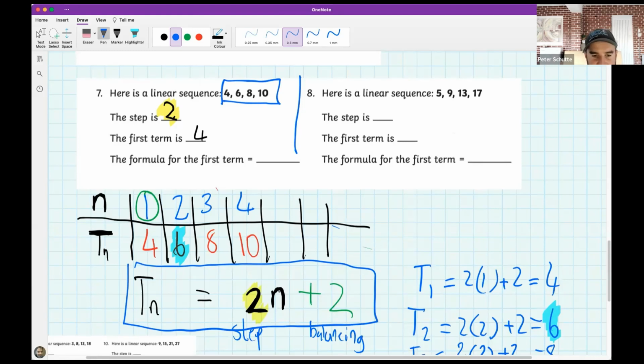I want you to see if you can take what I did here and go very slowly and do the same thing for number 8, just adjusting it a little bit to take into account what I did. If you need to, you can even start by drawing a little table.